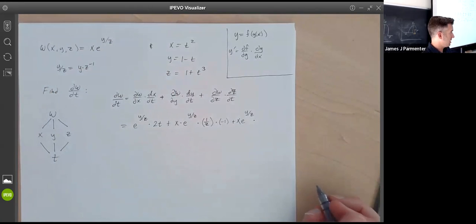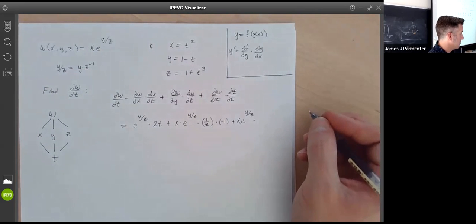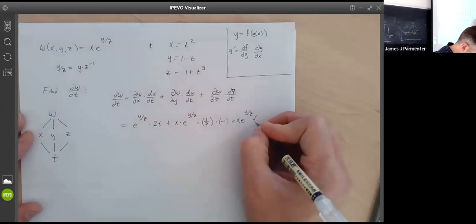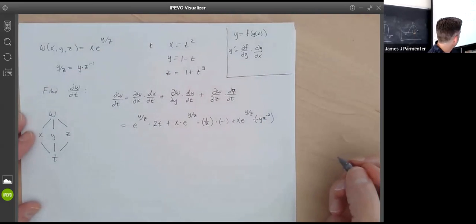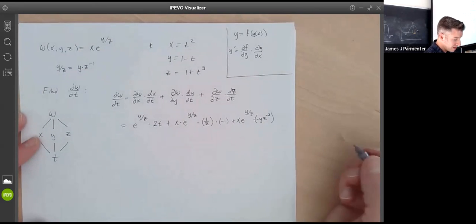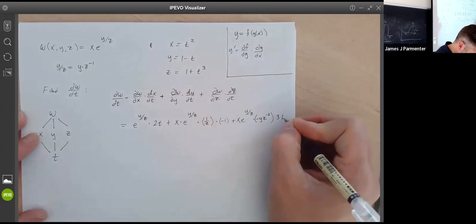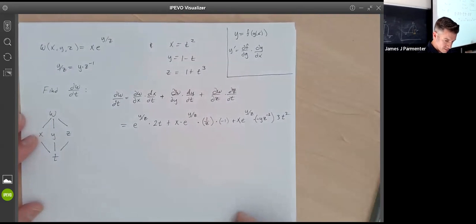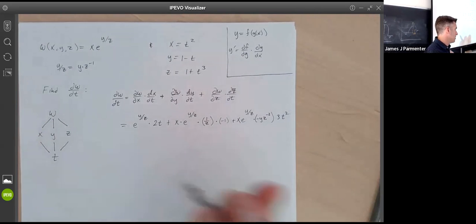So when I differentiate it with respect to z, I get y times negative z to the negative second, or probably negative yz to the negative second. That's probably the easiest way for me to think about it. And then dz dt is going to be 3t squared. Kind of gross. These problems are often kind of gross. It's just the way it is.